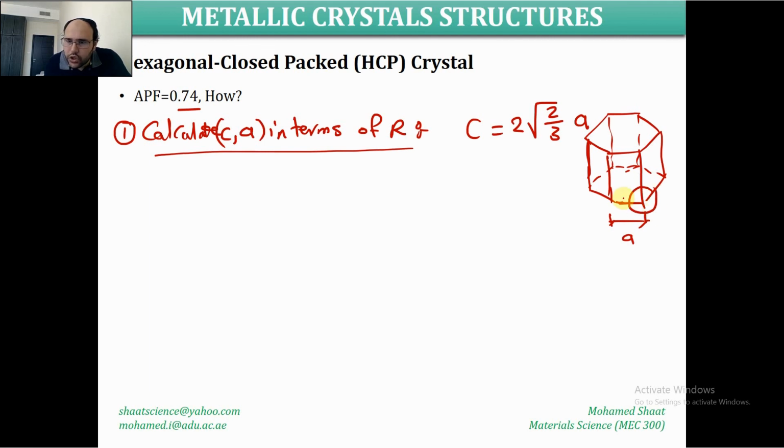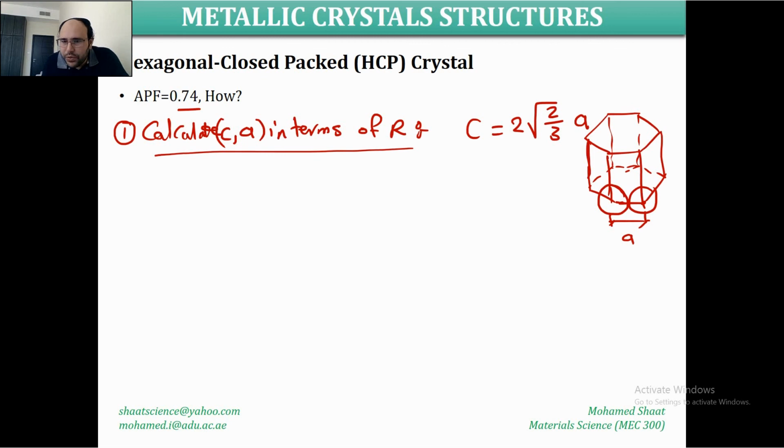Also, we agreed that there should be an atom located at every corner. So over this corner, there should be an atom. The center of that atom will be exactly that corner. The same thing for the other corner. And another condition is that these two atoms should be tangent. All atoms should be tangent.